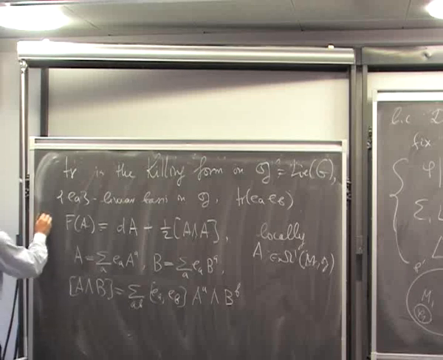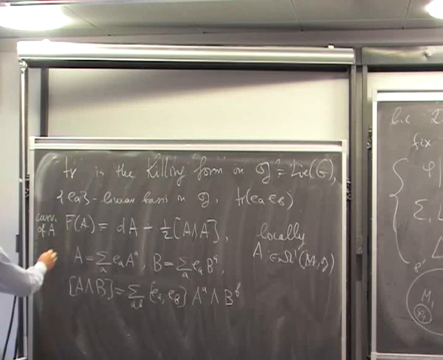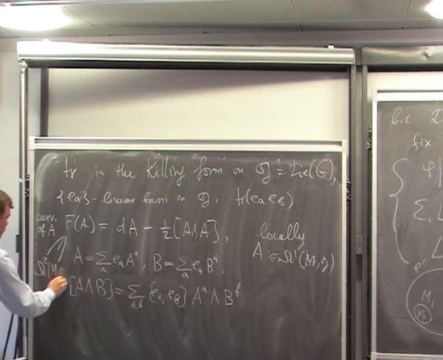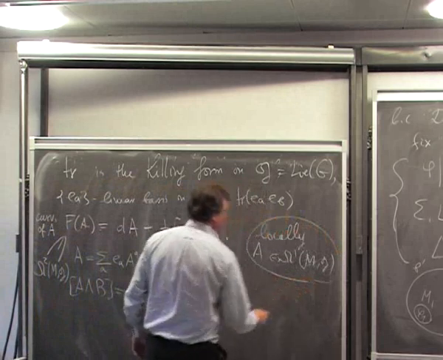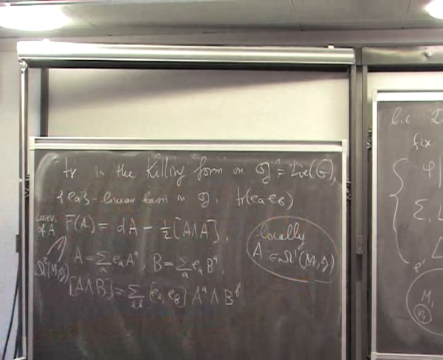So this is the curvature of A. A is a connection, F is a two form. It's globally a two form, this is only local. So then I think everything is clear.